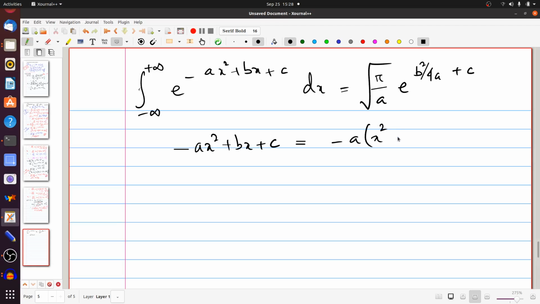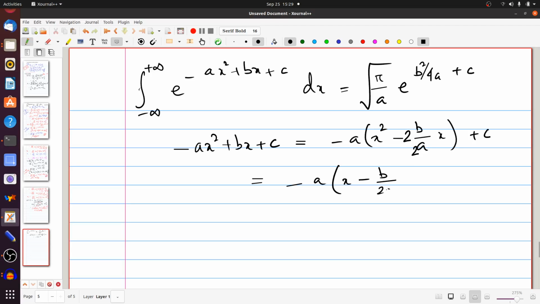So it writes this as x square minus b by a x, but you need a 2 here to make a perfect square, and you put in a by 2 there, plus a c, and then you complete the square by supplying the b square by 4a square along with it.